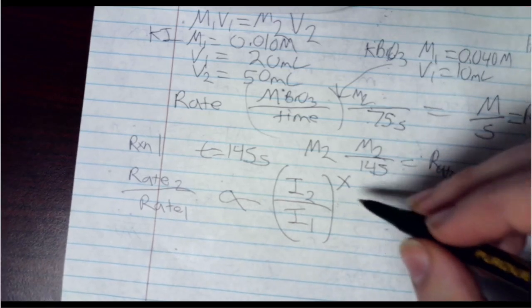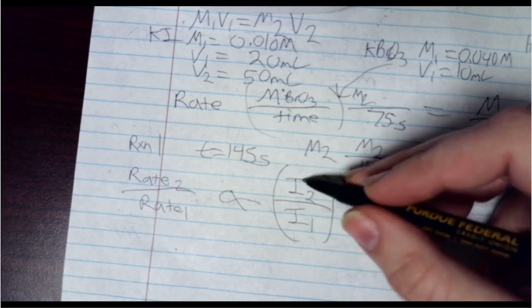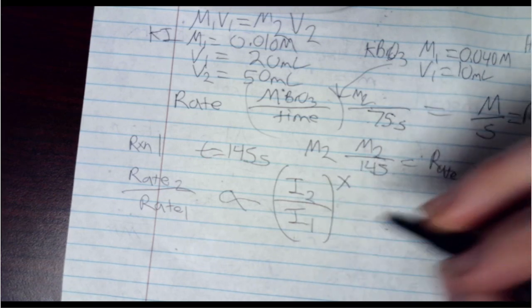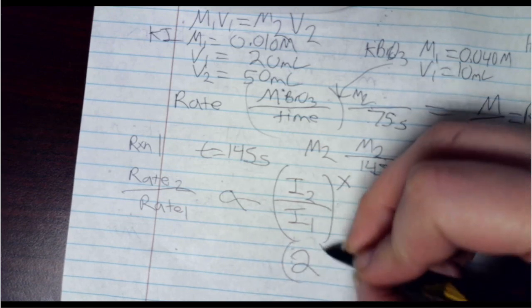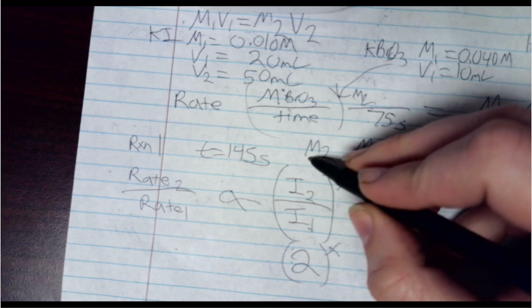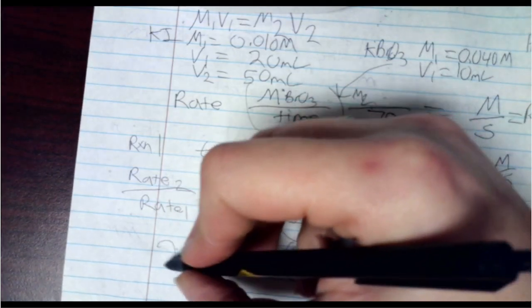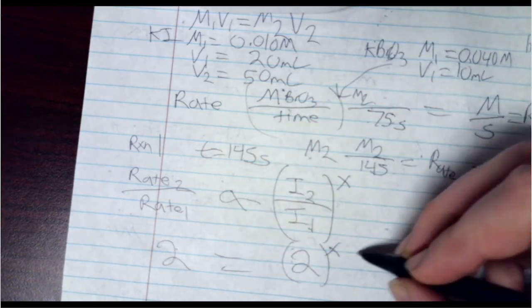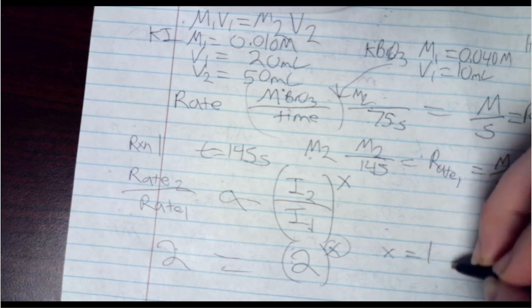No matter what those concentrations are, the concentration will have doubled because we went from 10 mL to 20 mL. So if the rate has doubled, that means x would have to equal 1.